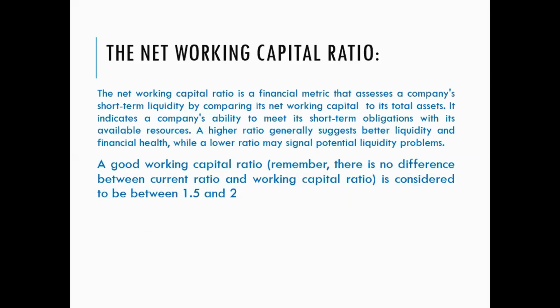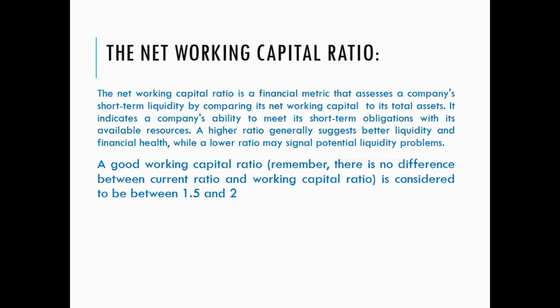The net working capital ratio. The net working capital ratio is a financial metric that measures a company's short-term liquidity by comparing its net working capital to its total assets. It indicates a company's ability to meet its short-term obligations with its available resources.